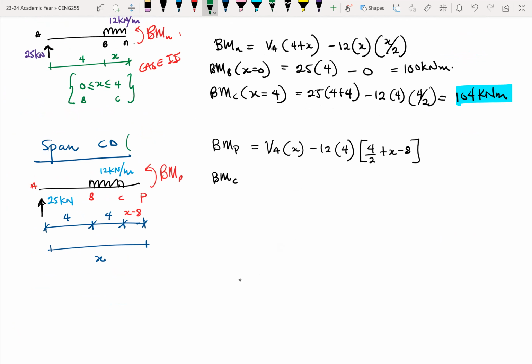So between C and D, at C, x will be 8, and at D, x will be 10.